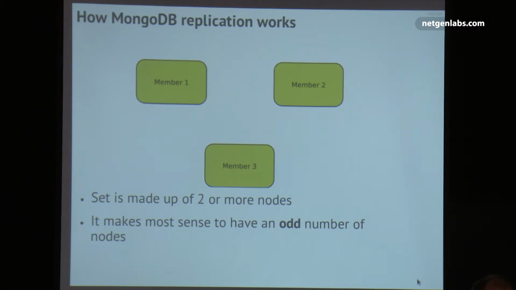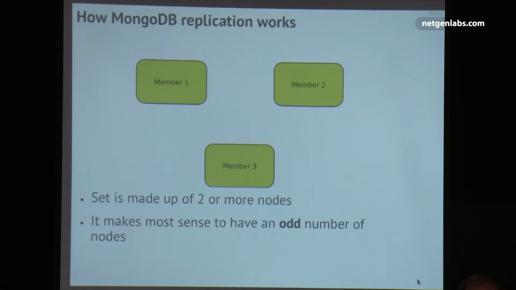If you have 3 nodes and one goes down, 2 nodes is more than 50%, so then they can elect a new primary node. The reason for this is that if you have only 2 nodes, your application can see both, but they can't see each other anymore. Then how do you know which one is going to be the primary node? You can never know that, right? And what you don't want to have is 2 primary nodes, because your application might write some data to one node and some other data to the other node, and then when they see each other again, they are in conflict on which data they see.